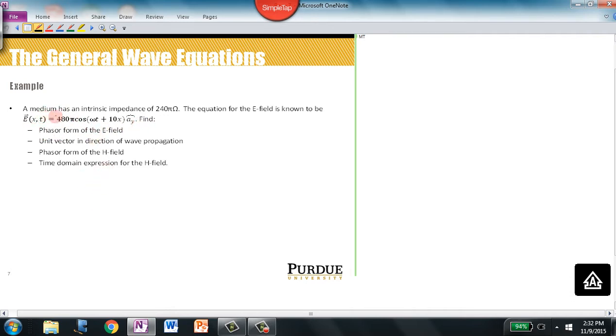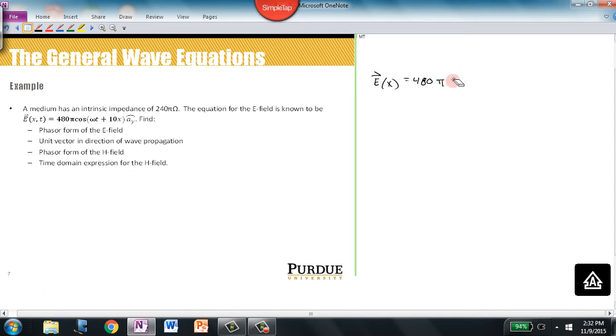The phasor form of electric fields and magnetic fields is almost exactly the same as what we've already done for voltages and currents. The difference is that we have to include this vector notation here. Notice that instead of just a bar, this is an arrow above it. So we've got E of x, because remember, the phasor form suppresses all time domain information, is equal to 480 pi.